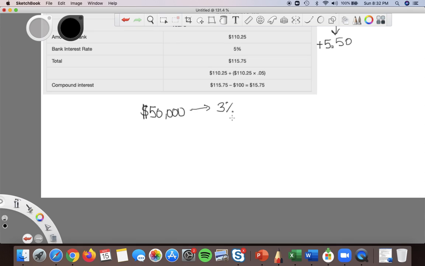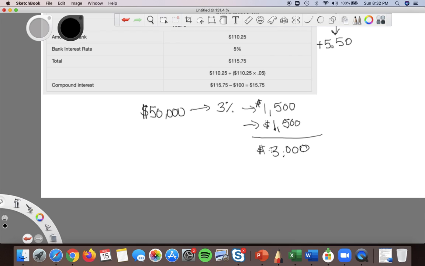So you'll do 0.03 times $50,000, and you can set aside $1,500. That's 3%. If you, instead of taking that on your paycheck, across the course of the year of your employment, you put that into your 401k, then your employer will match it. They will also put in that $1,500, which means a total goes into your account of $3,000.